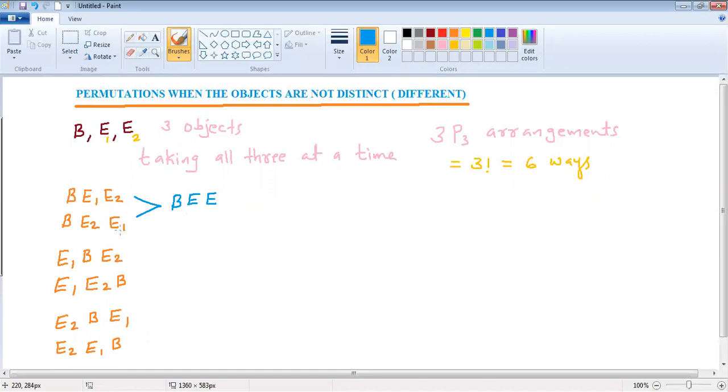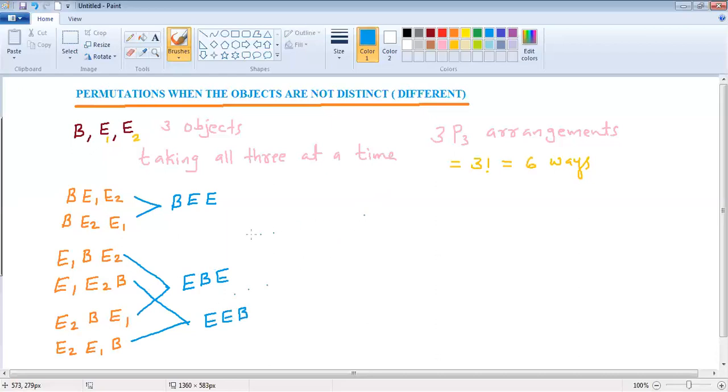So it is not different, it is the same thing. Similarly, आप ये देख सकते हैं कि the third and the fifth one, it is nothing but E, B, E. And you can see the fourth and last, it is E, E, B.